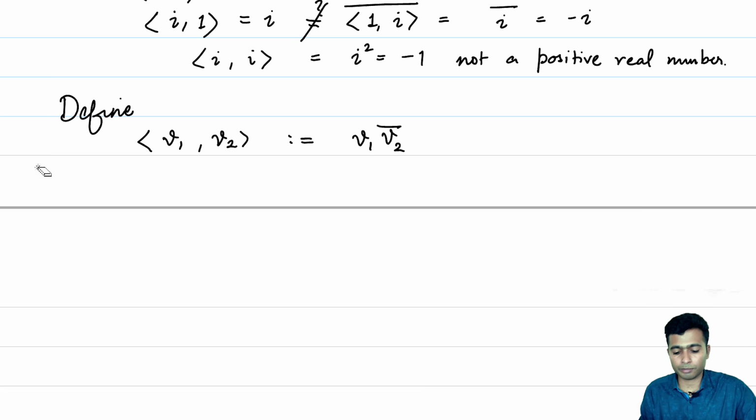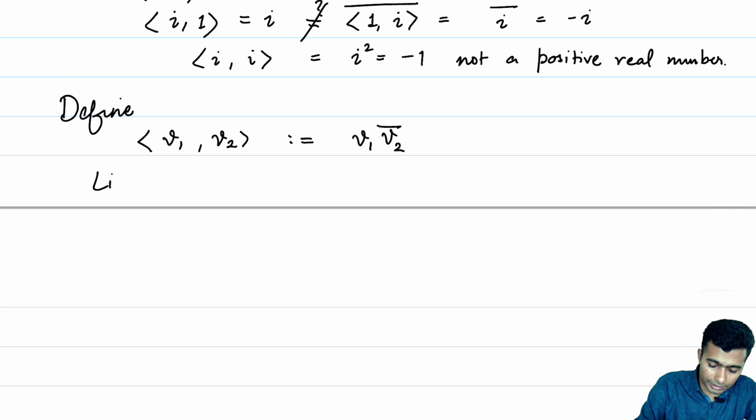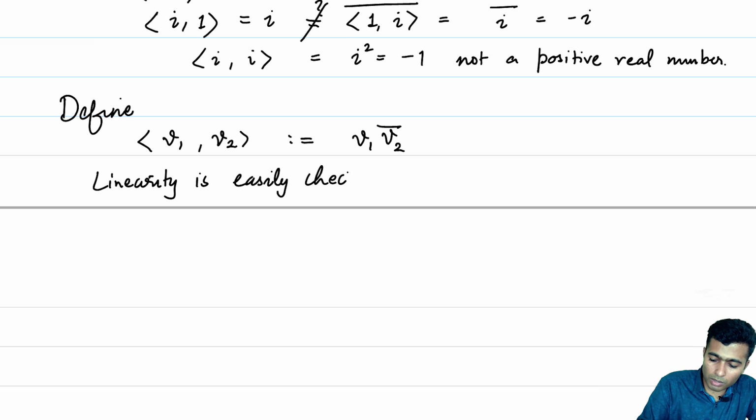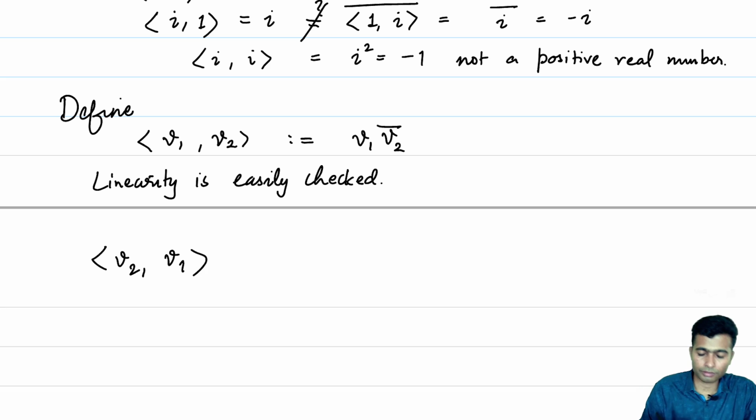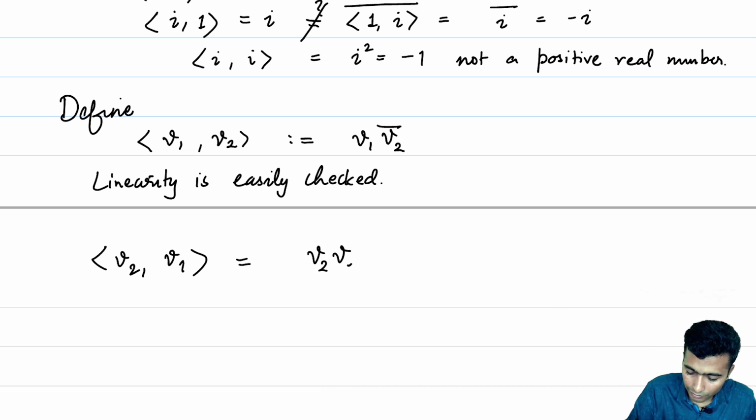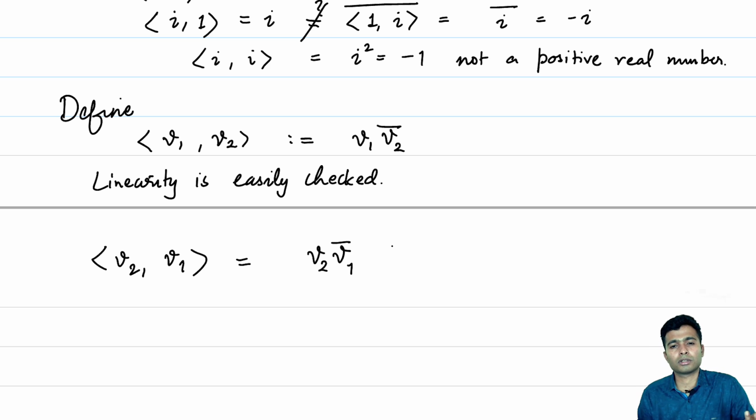Let me not spend time on the linearity; linearity is easily checked. How about conjugate symmetry? We know what the inner product of v1, v2 is. Let's look at what the inner product of v2, v1 is. By definition it is equal to v2 times v1 bar. But what is the conjugate of its conjugate? The conjugate of the conjugate of a complex number will give you back the complex number itself.